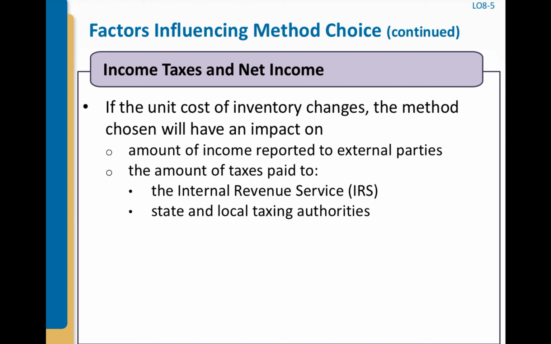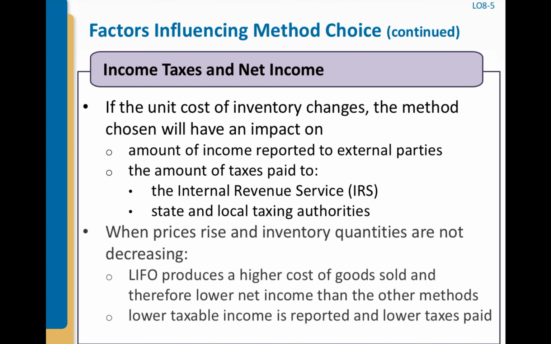So depending on what short-term and long-term goals are, there are periods where a manager may be incentivized to minimize net income for the year so that taxes are lower. In periods where we expect our tax rate to be lower in the future, we may want to defer income into the future, and that can be accomplished, at least in the short term, by selecting one or the other of these methods.